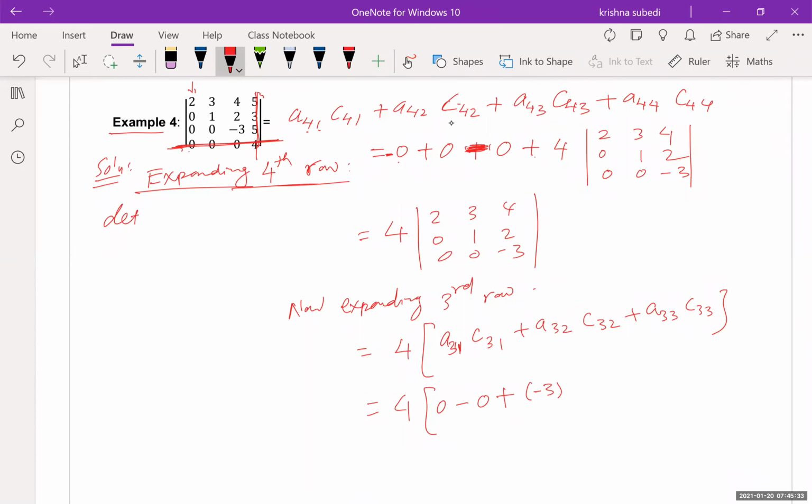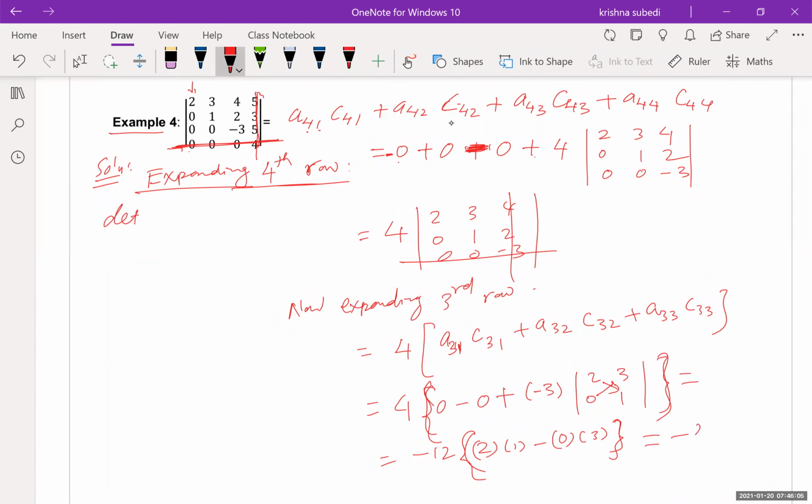This is gone, so you're left with 2 3 0 1, and if you just work it out, 4 times negative 3 will be negative 12, and then 2 times 1 minus 0 times 3, which is 2, so that's going to give me negative 24.